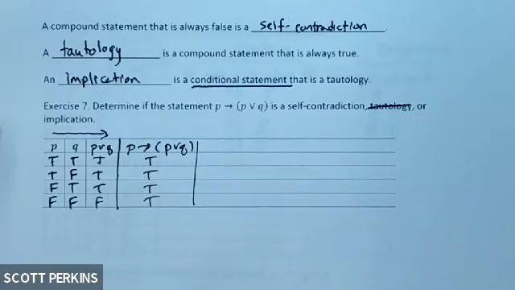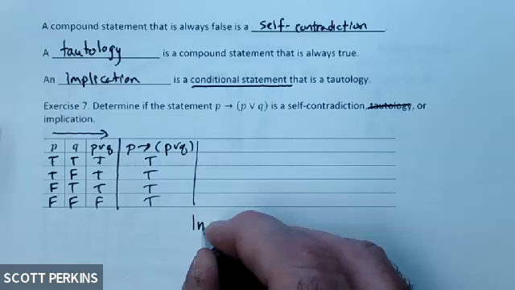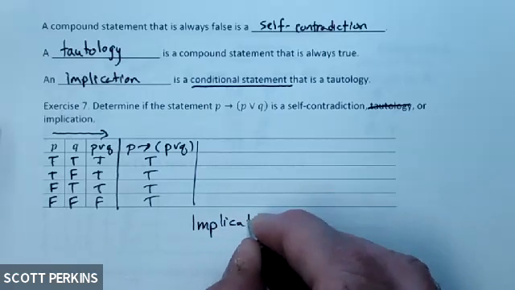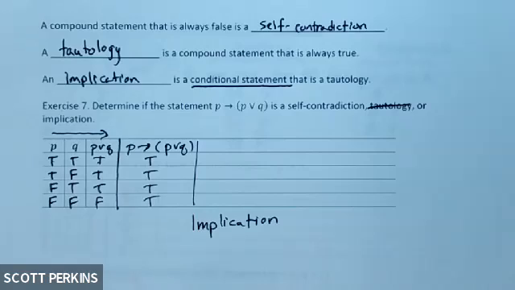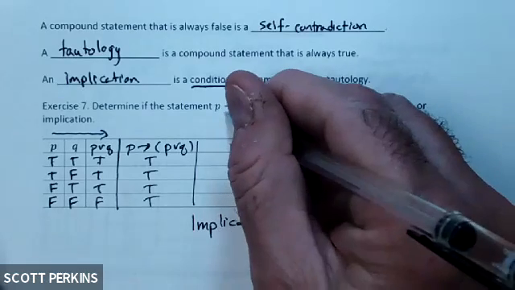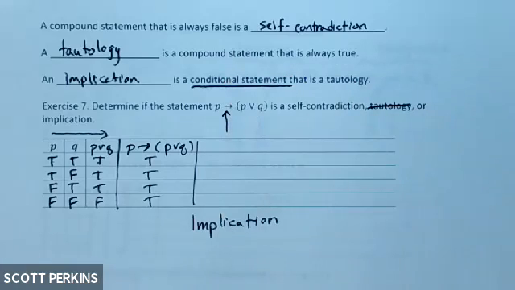And what we have here is called an implication. My last column is all trues, which makes it a tautology. But then again, because this is a conditional statement, because of that arrow, it is a specific type of tautology, which is an implication. And that's that section.